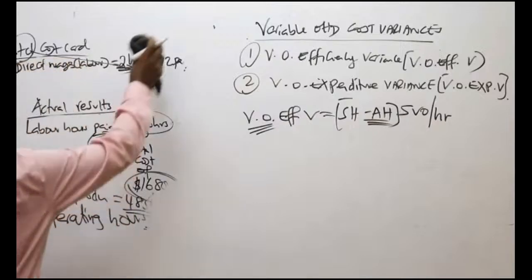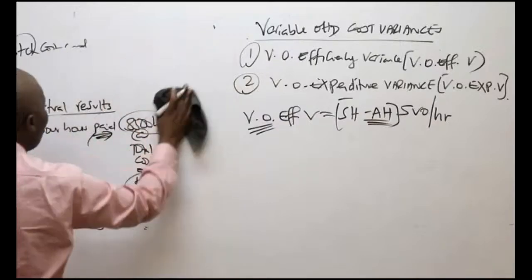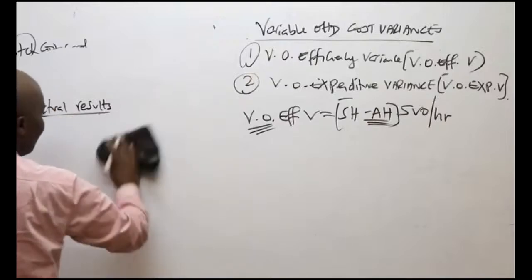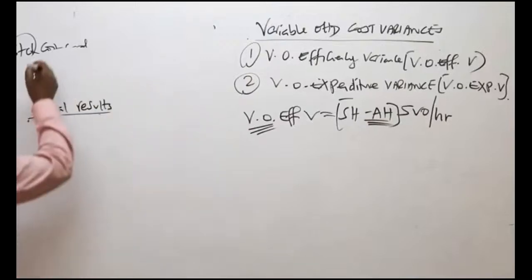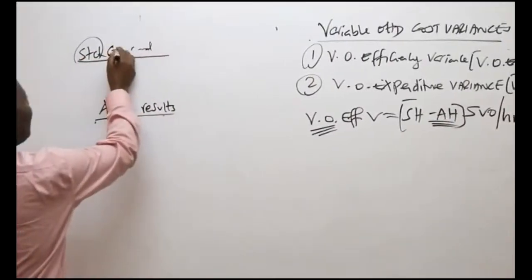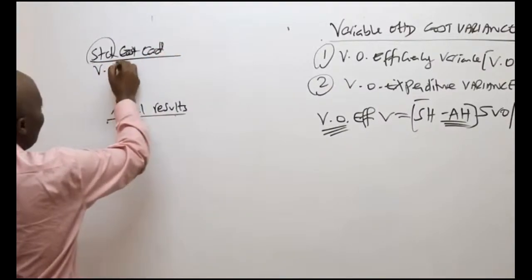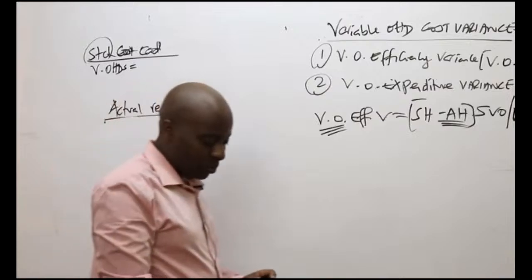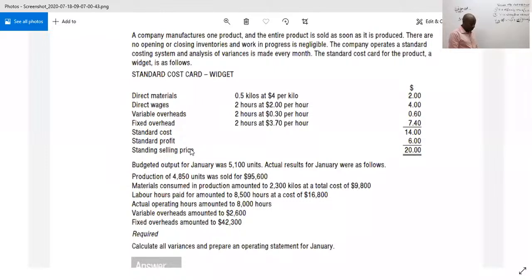So now we are looking at variable overheads one at a time. We have here the variable overhead standard cost card. So go to that particular place in the question where they are making reference to variable overheads.